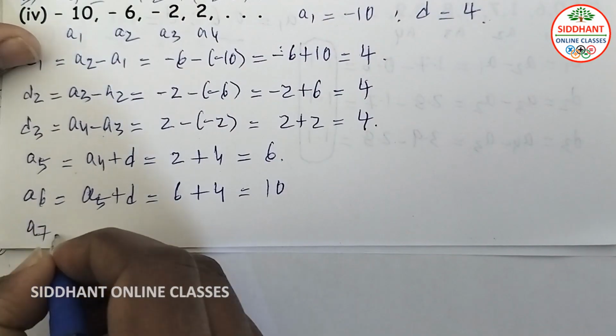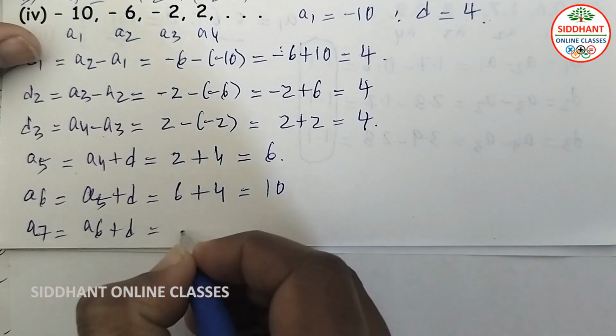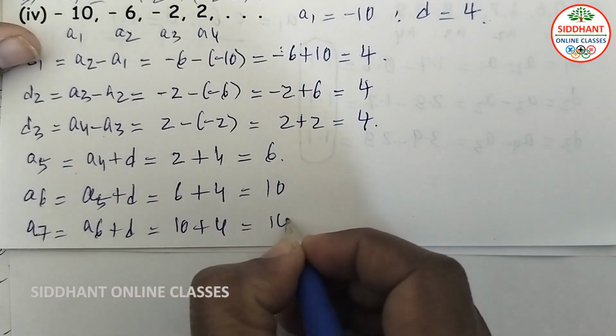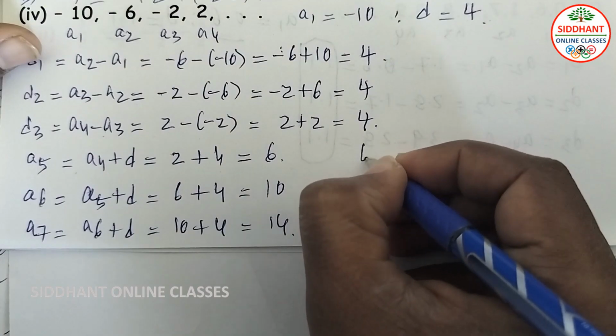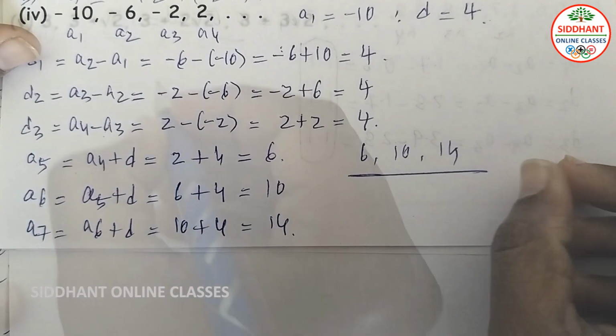Next, A7 is A6 plus D, that is 10 plus 4, that is equal to 14 here. So the next three terms are 6, 10, 14 here.